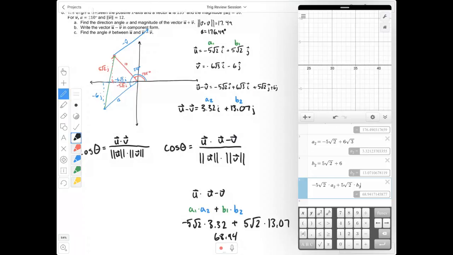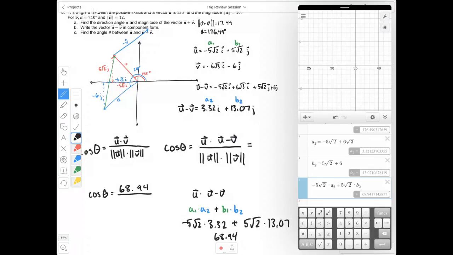And so now I'm at cosine theta equals 68.94. And I need to figure out what's the magnitude of u times the magnitude of v.